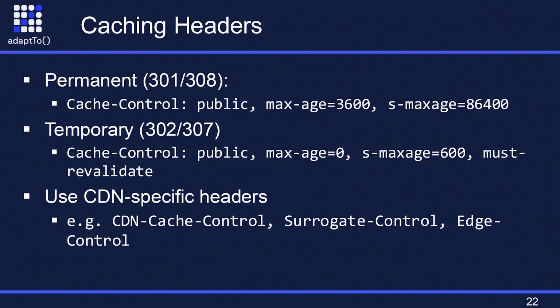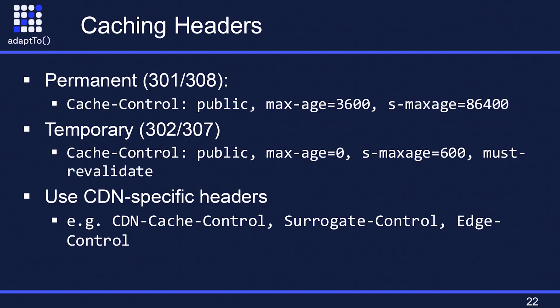But important to note is you should use CDN-specific headers if at all possible, because those shared cache headers like max-age might apply to other intermediary caches on the way as well, and those you won't be able to purge. So use these CDN-specific headers. Unfortunately, there is no standard yet.